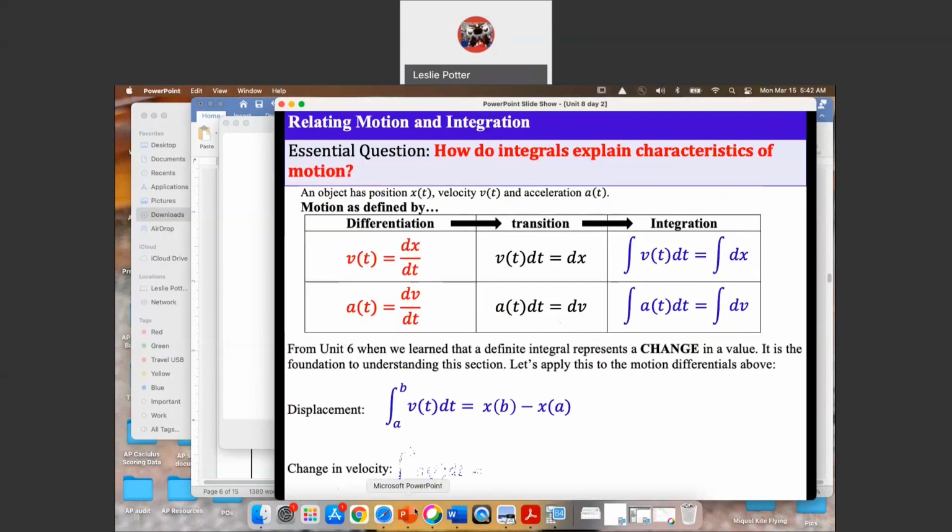And our change in velocity then is integrating the acceleration function through that same time interval. And that represents the change in velocity. So this is going to represent this integration, which is the velocity at B minus the velocity at time A. So we're really going to rely on these.